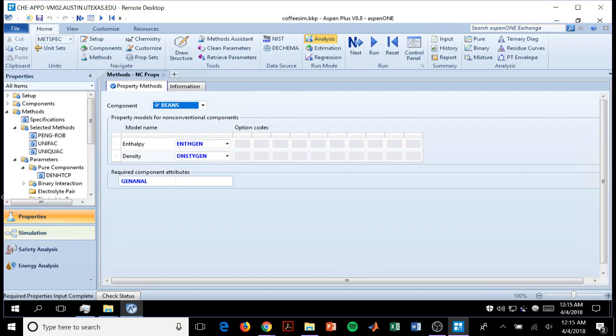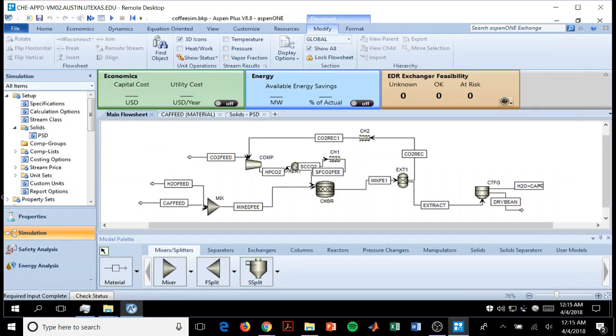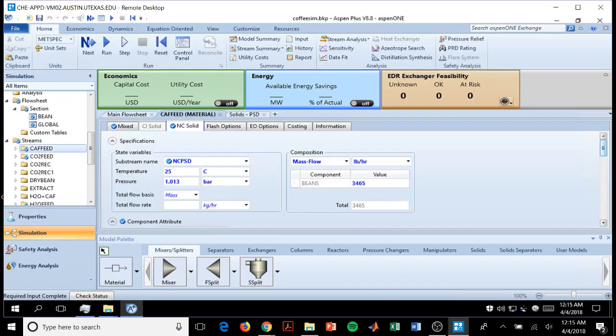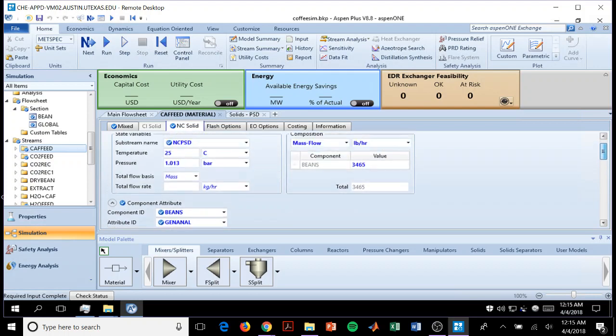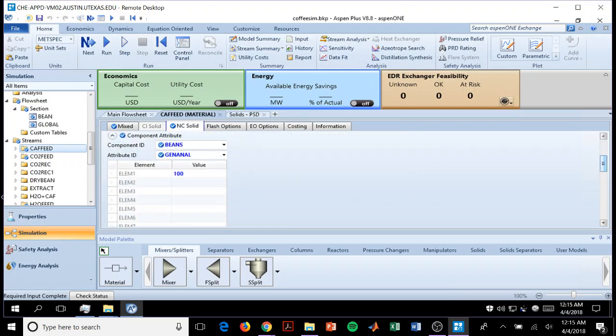So back to the simulation. I'm just going to show you how some of this has been introduced. So right here I define my non-conventional solid, which is the beans, at normal conditions. And so this was the general analysis that you saw in the previous section, and we were just defining that as 100% beans.